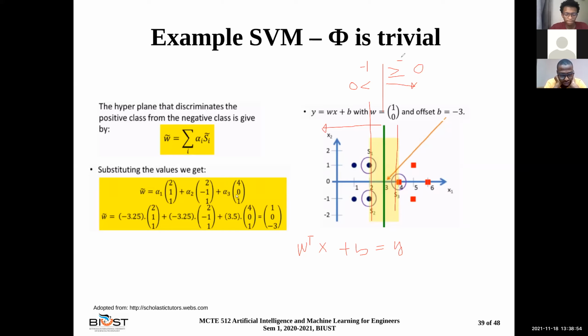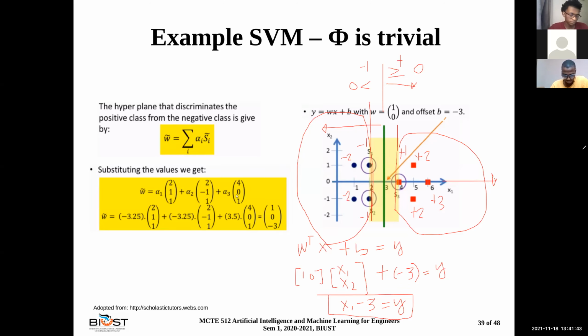In this case, our feature space is the same as the input space. We classify them in the input space because the data can be separated linearly. Later we will discuss data that cannot be separated linearly, so we have to transform the data into the feature space. Any questions? No questions, so let's continue.